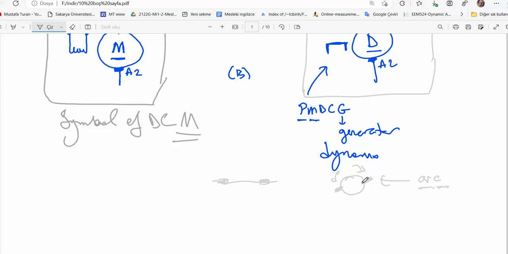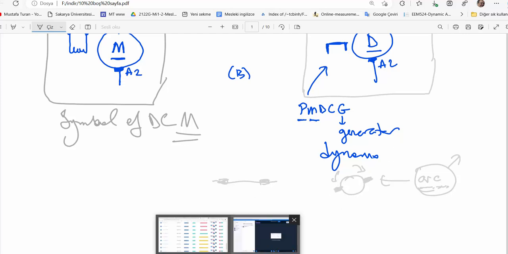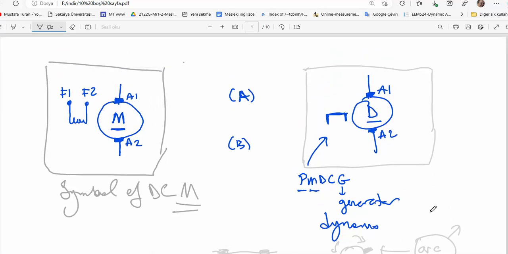If you make a proper adjustment of the brush position, a little less arc will be observed, so the life of the brushes will be increased. It's another topic we will talk about later: commutation and armature reaction.